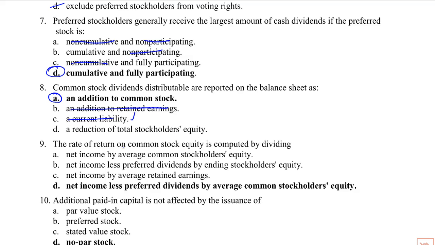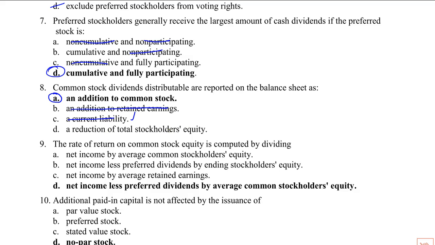We don't create liabilities with stock dividends. I'm not talking about cash or property or liquidating dividends, but stock dividends, the pro rata distribution of shares, because we're not transferring an asset. We're only cutting the ownership into more pieces, but everyone has the same fractional ownership.